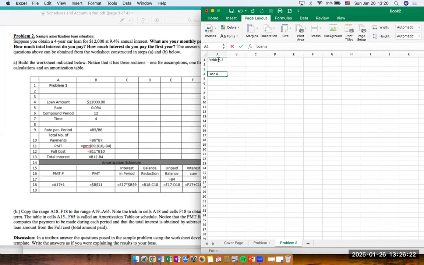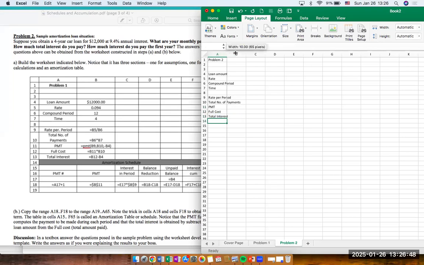So we have loan amount, rate, compounding period, time, rate per period, total number of payments, PMT, full cost, and then total interest.